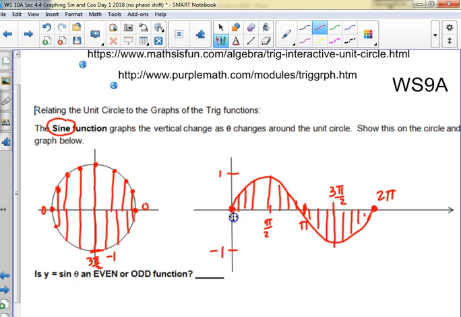It goes through the origin. Its maximum is 1. Its minimum is -1. Its period is 2 pi. Now, I drew one period, right? It would continue if we continued to rotate around the circle. Does everybody get that? Okay.